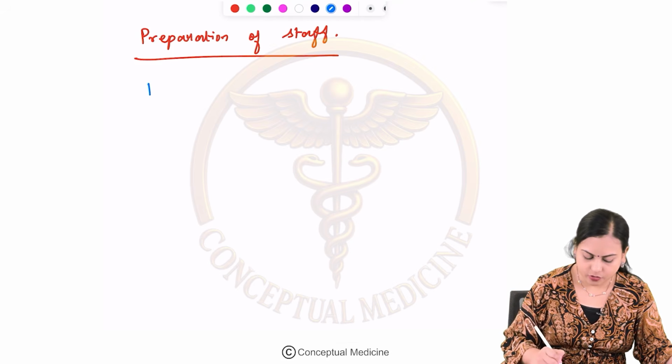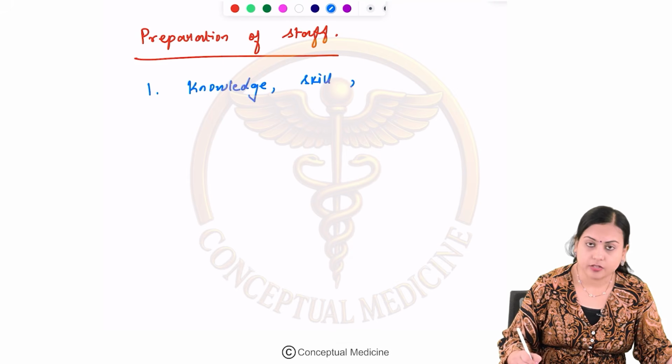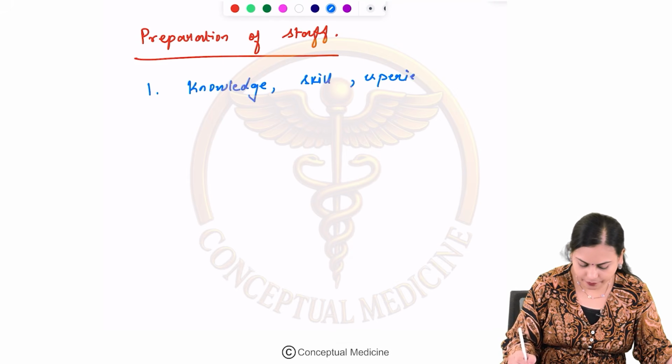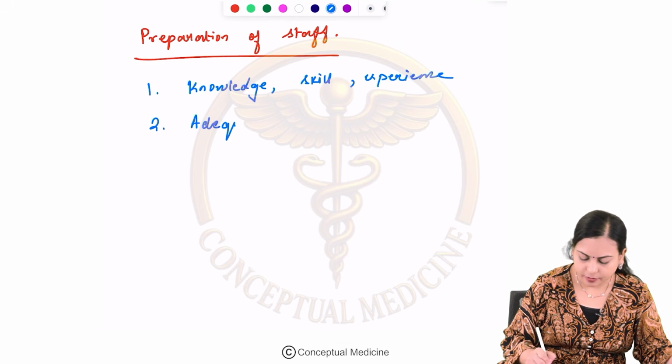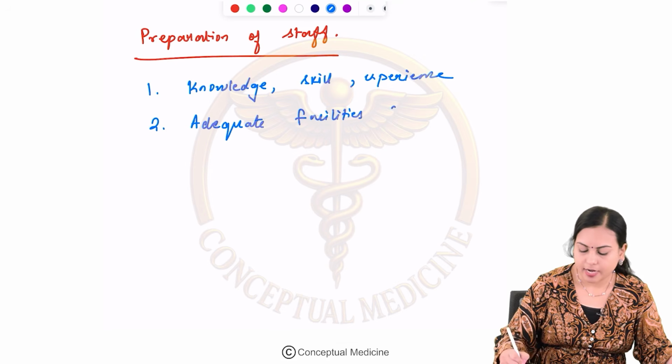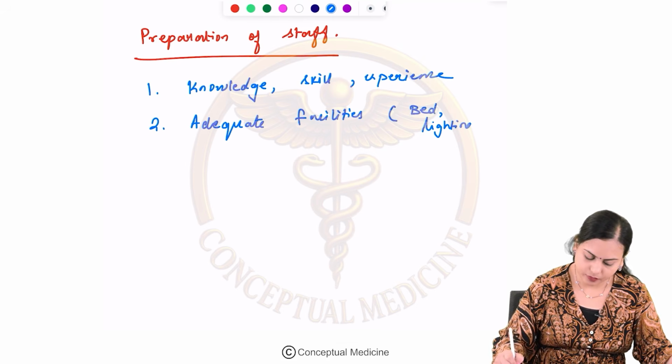So, there should be adequacy of knowledge, skill, and there should be some experience as well, and there should be adequate facilities available. Adequate facilities means adequate bed, adequate lighting, etc.